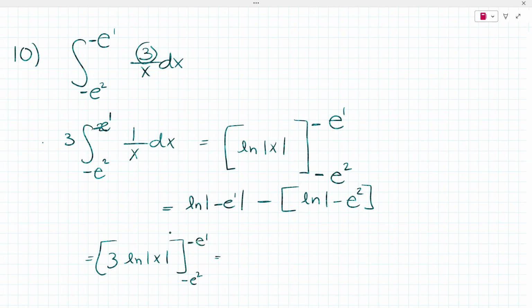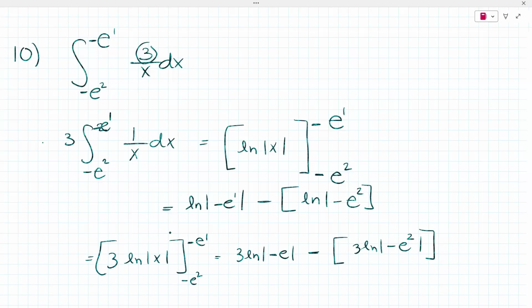Apply your upper boundary, so it's 3 ln of absolute value of negative e, minus bracket 3 ln of absolute value of negative e squared.